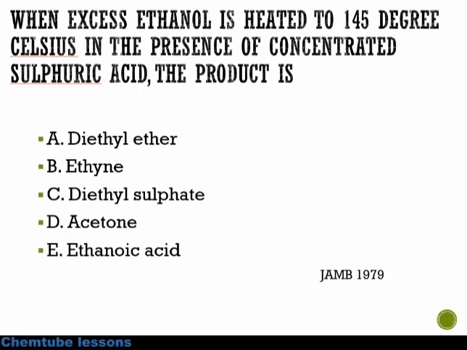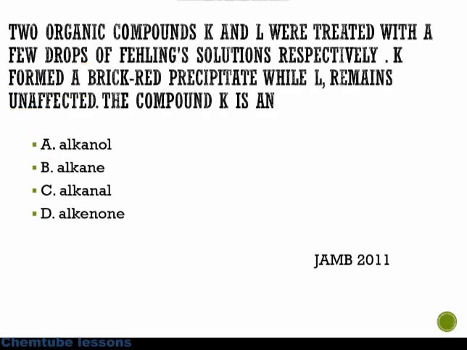When excess ethanol is heated to 145 degrees Celsius in the presence of concentrated sulfuric acid, the product is diethyl ether. Two organic compounds K and L were treated with a few drops of Fehling's solution respectively. K formed a brick-red precipitate while L remained unaffected.